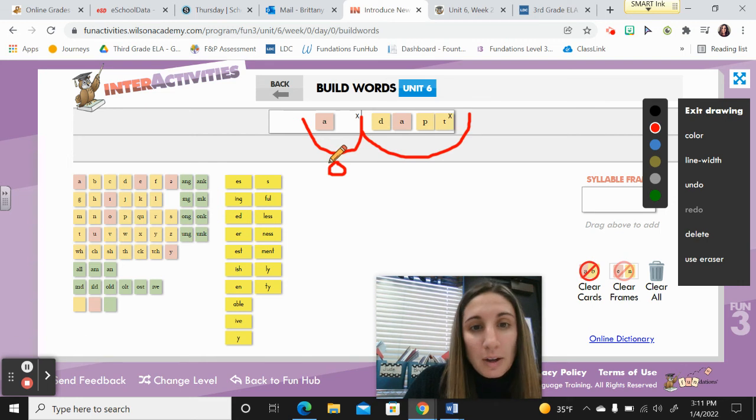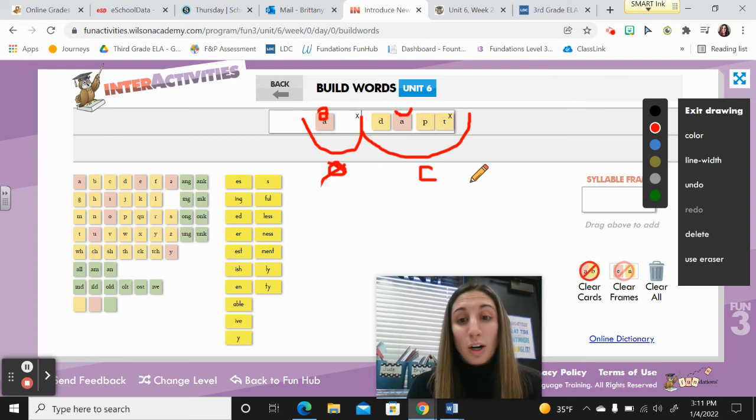So I'm going to mark open exception. And then it's not long, it's not short, it's that schwa, right? It's unexpected. All right, dapt. It's closed in by consonants, so this is a closed syllable, and it is short, so I'll put the breve. Okay? Hopefully you find that you're getting better and more confident with these markings and spellings.